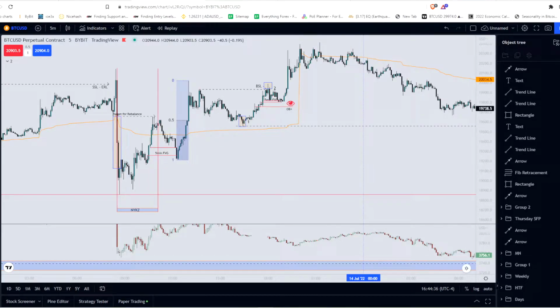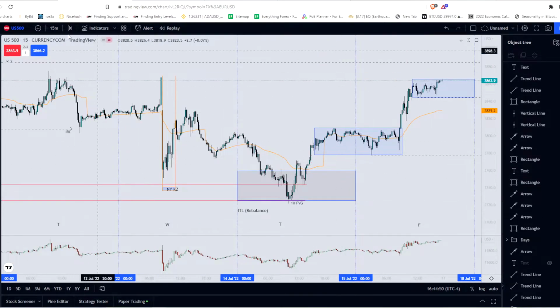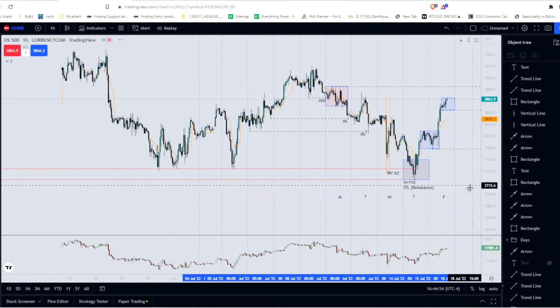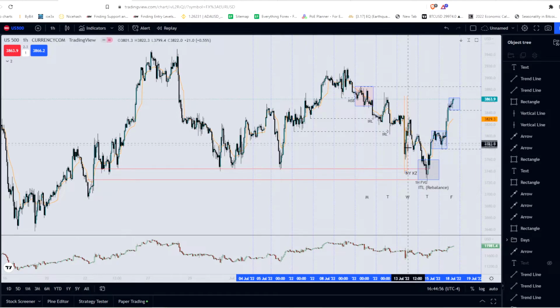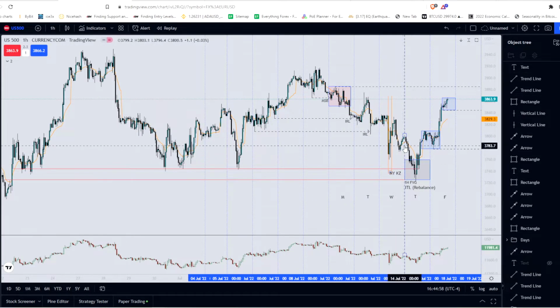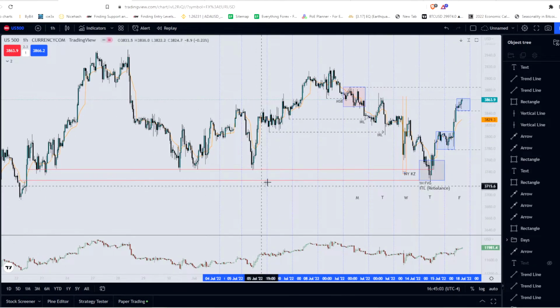One thing that gave me a lot of confluence in this decision was because I knew that at least on the S&P we were going into an area that was going to offer a lot of support if we were going lower. So what I mean is, if you have a look here on the 1-hour chart, so price breaks down on Wednesday, okay, but this was the main area I was targeting, right?